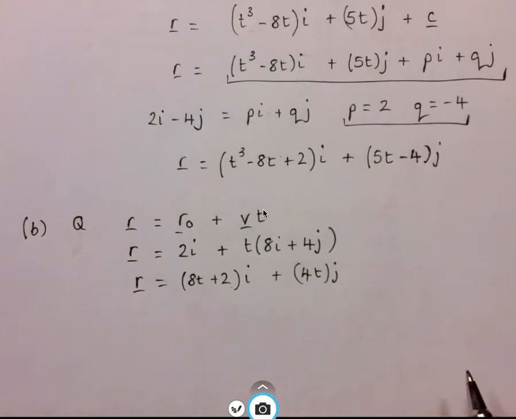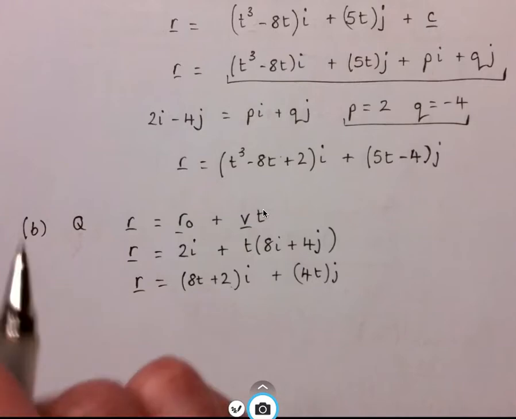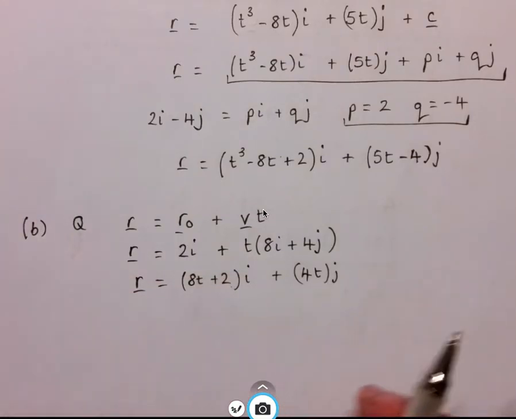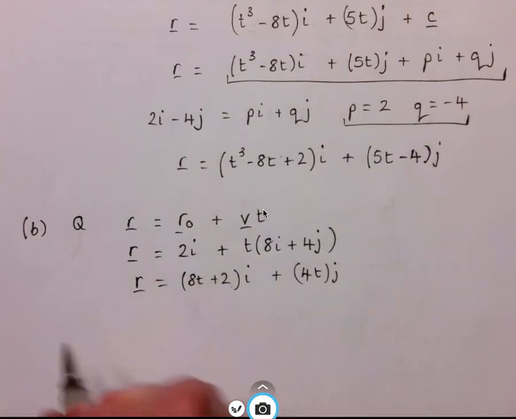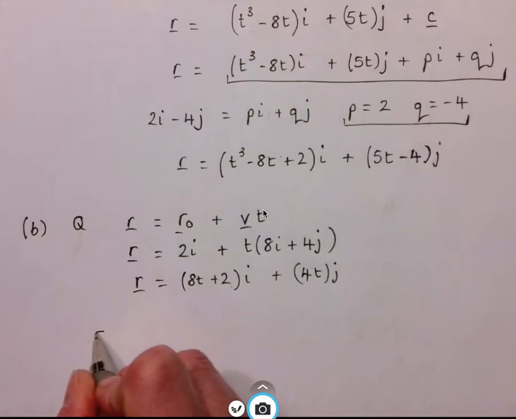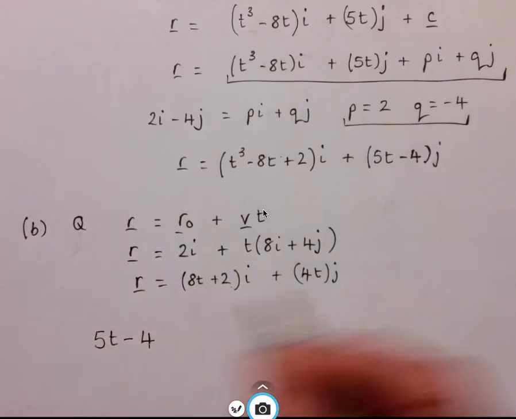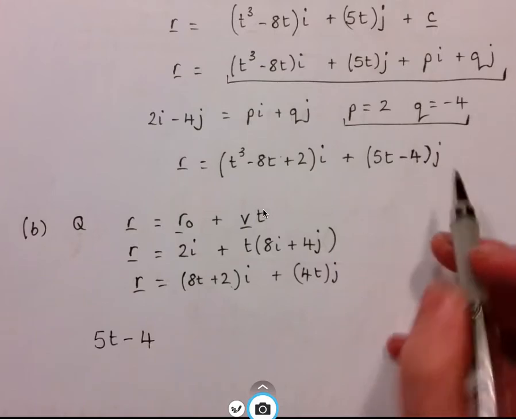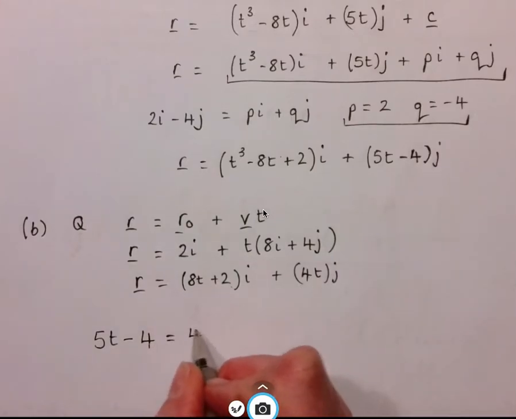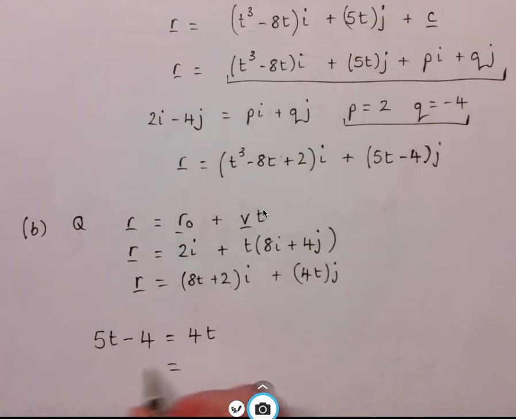But if we look at the j components, if they collide, they're at the same place at the same time. So we can say 5t minus 4 from the j component of P is equal to 4t from the j component of Q. If I solve that equation, I've got t equals 4 seconds.